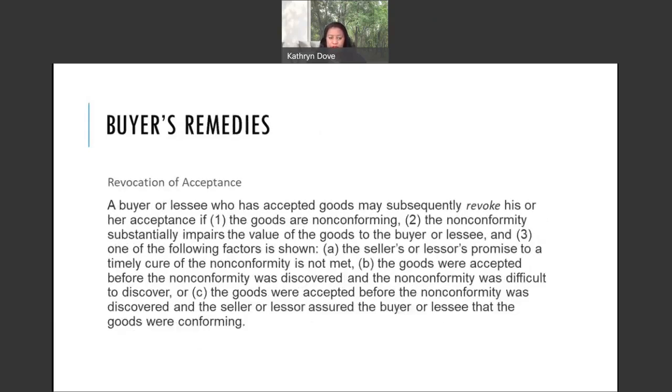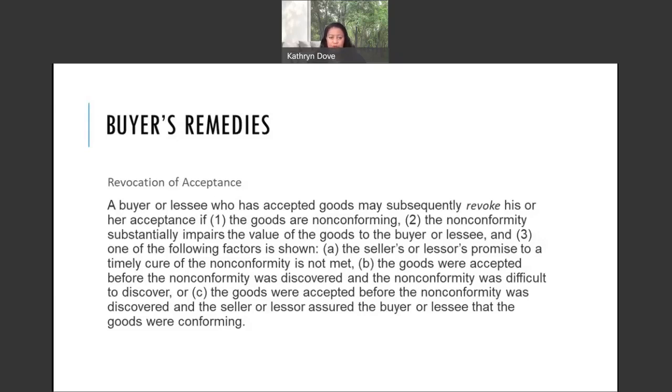Revocation of acceptance. The buyer who has accepted goods may revoke his acceptance if the buyer opens the box, finds out that the goods are non-conforming, and the non-conformity substantially impairs the value of the goods to the buyer, and one of the following must be shown. The seller's promise to timely cure is not met.